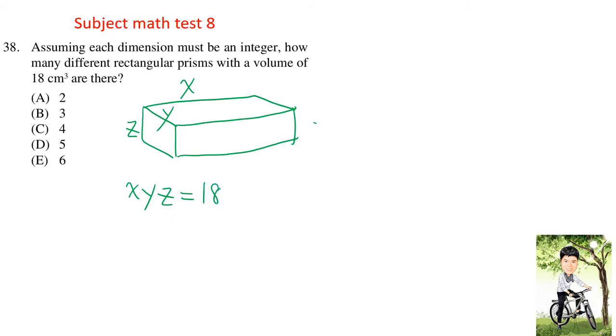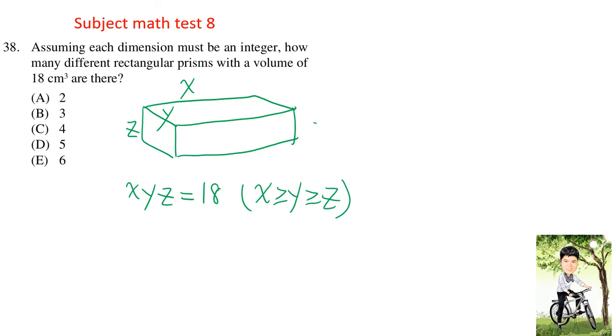How many possible, without counting repeated solutions? Therefore, we discuss the solutions from big to small. Hence, we assume that x is bigger than y, which is bigger than z.